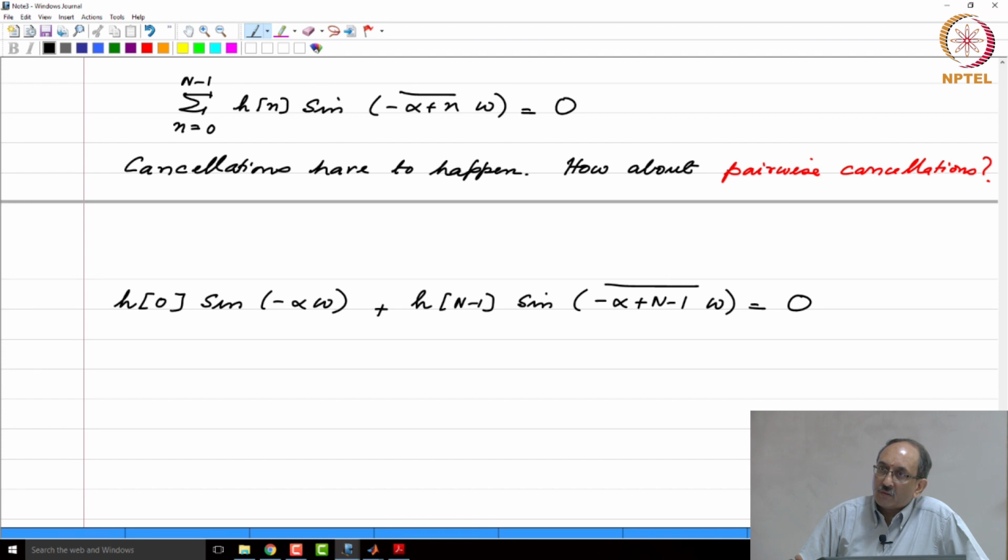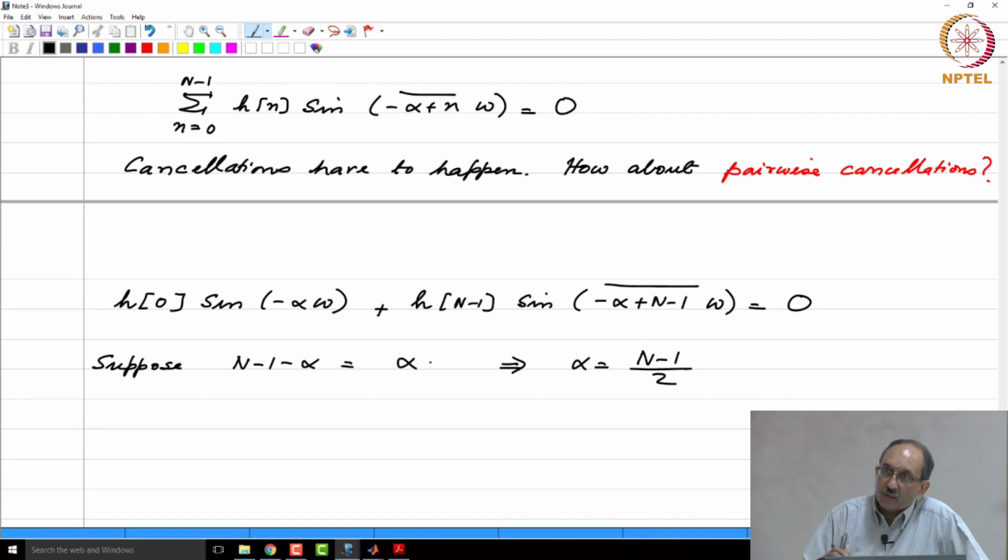You know that sine of minus theta is minus sine theta. Therefore, suppose N minus 1 minus alpha, which is this term, were equal to alpha, immediately this would imply that alpha equals N minus 1 by 2.